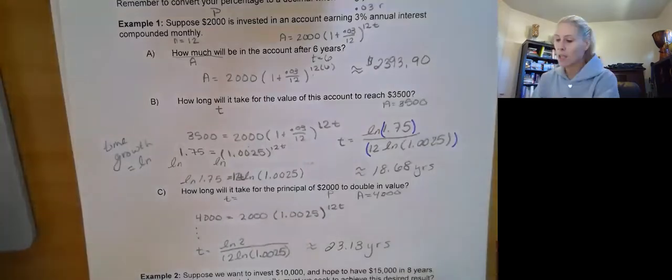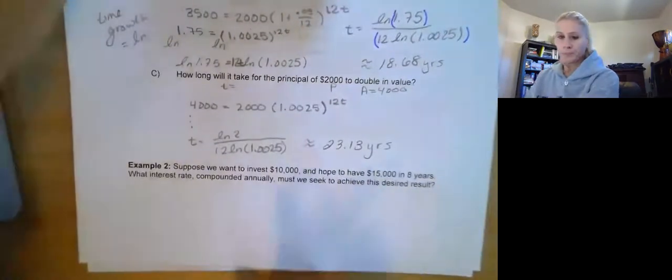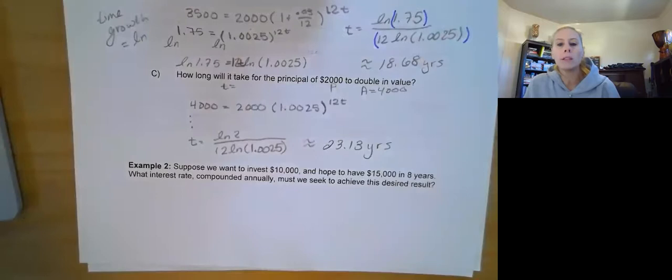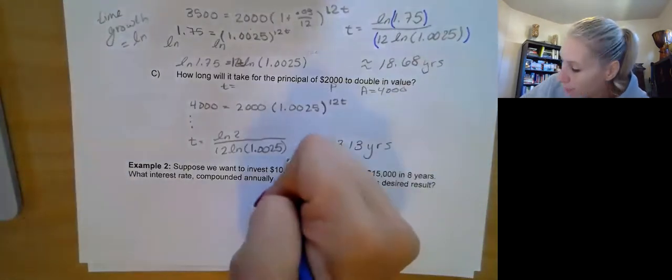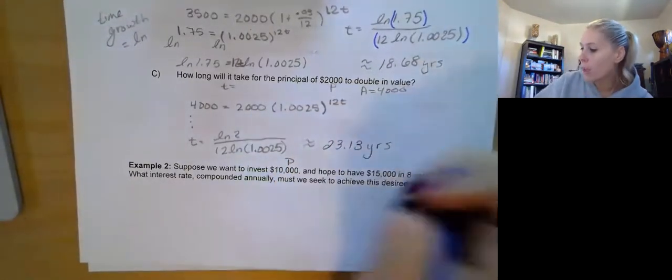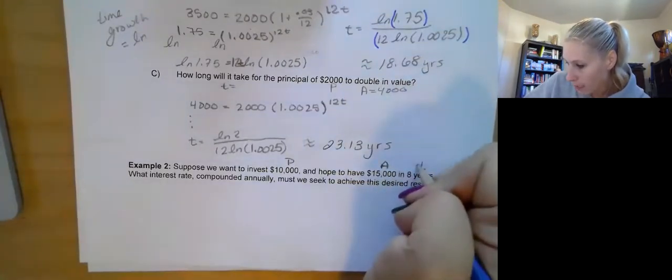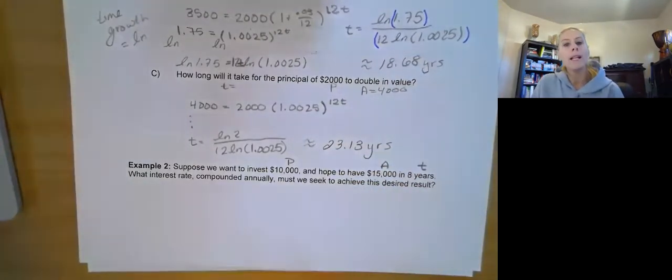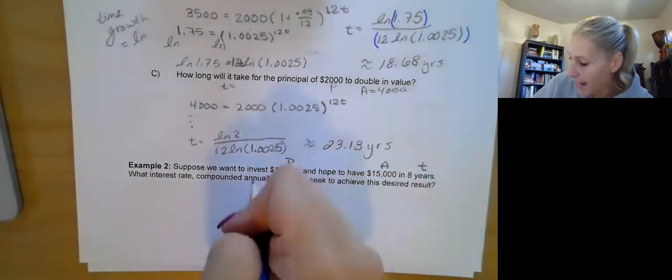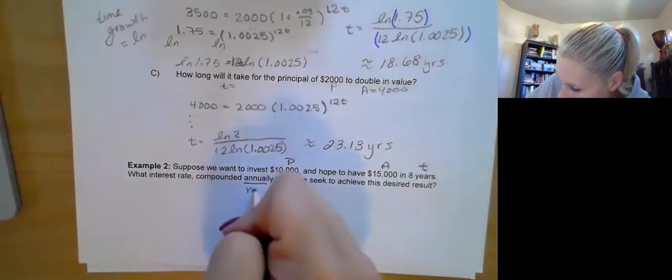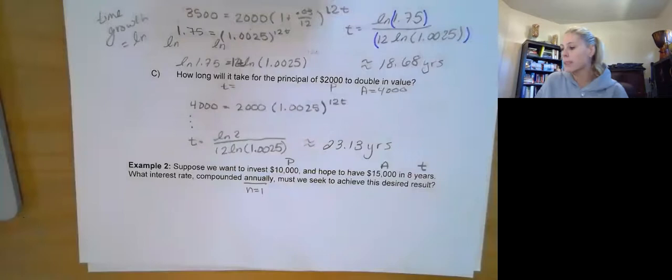I love it. Okay. Suppose we want to invest $10,000 and hope to have $15,000. So $10,000 is our principal. We hope to have, that's our A, in 8 years. So that's our time. What interest rate, compounded annually, so n equals 1, must we seek to achieve?